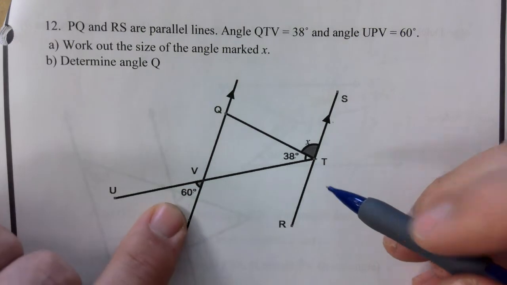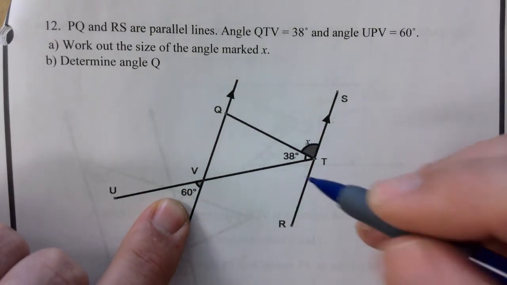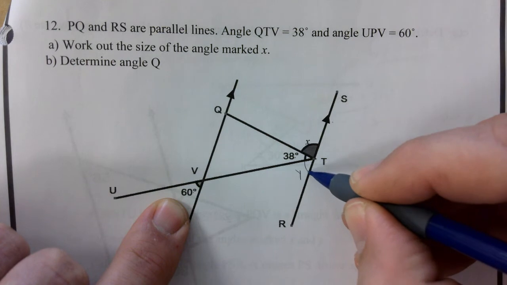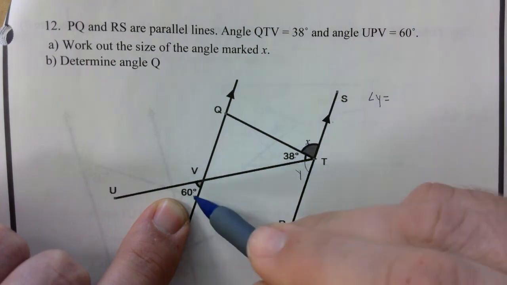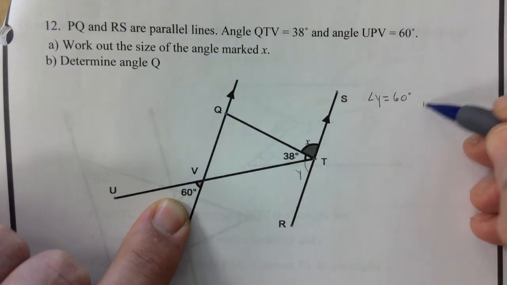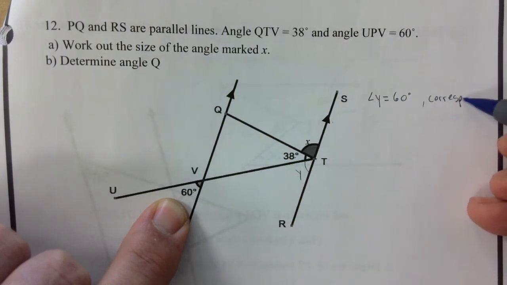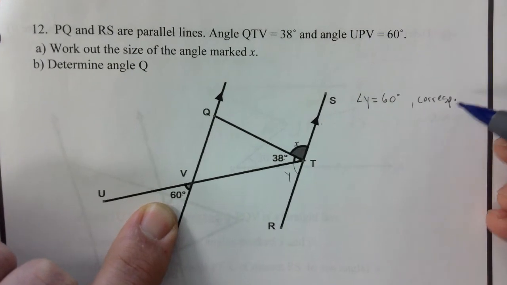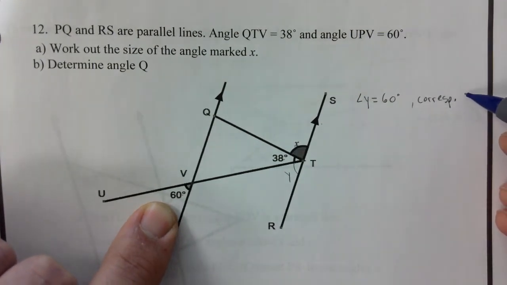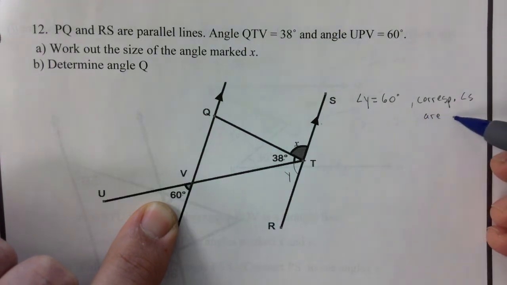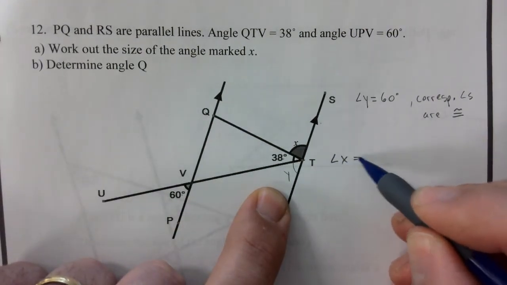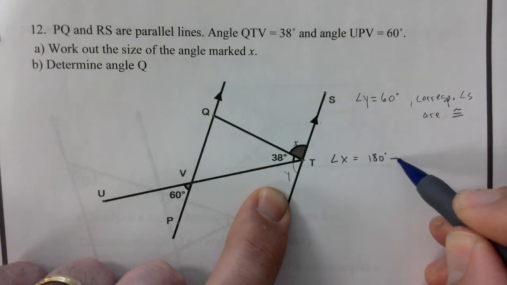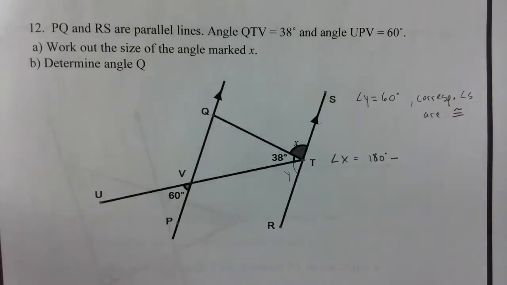Not too bad. I'm going to put a Y here in the meantime, and say that angle Y is equal to 60. Why? Because corresponding angles are congruent. I noticed that some of you need to brush up on your terminology. And then angle X is going to be 180 minus 38 minus Y, since it's along a straight line here.